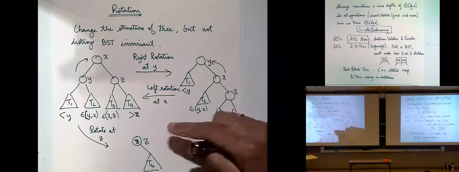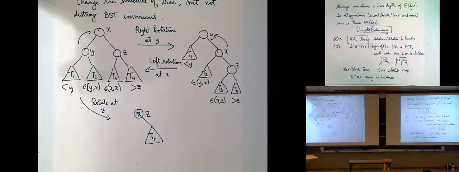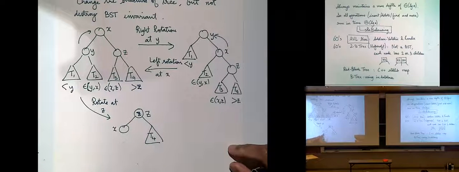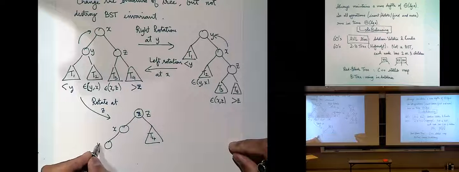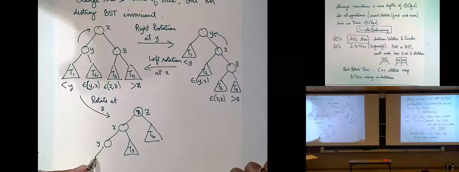What is the child of Z going to be then? What is the child of Z? Yeah? X, right? X. And what are the children of X? Yeah. T3 on the right.